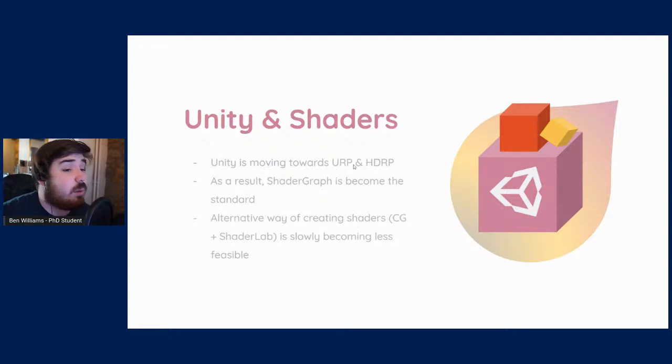And don't worry too much about what these are. But as a result of Unity moving towards these render pipelines, shader graph is slowly becoming the standard way to create shaders. So, my prediction, I don't have a crystal ball or anything, but in a few years' time, we'll see that most shaders, or nearly all shaders, will be created with shader graph.